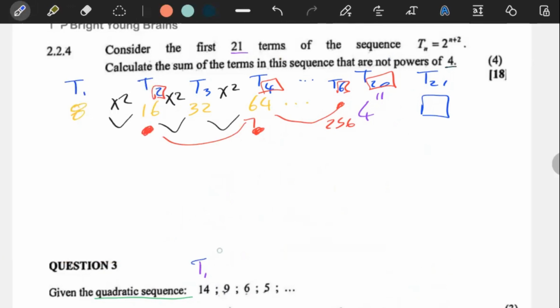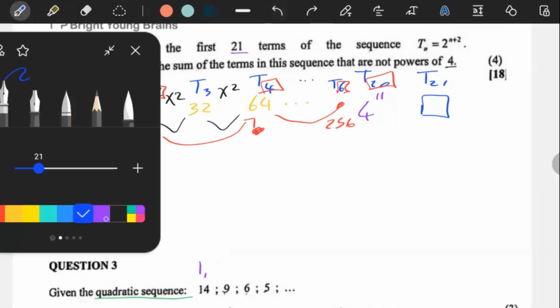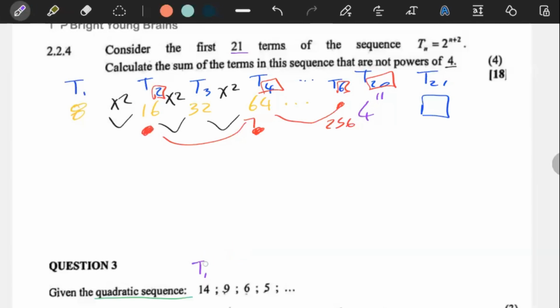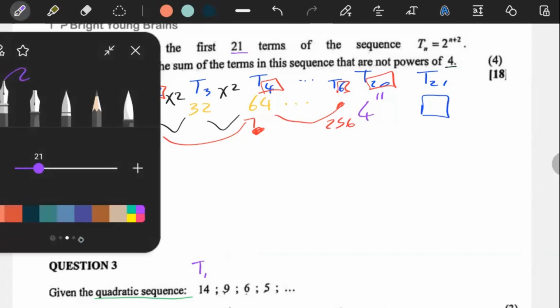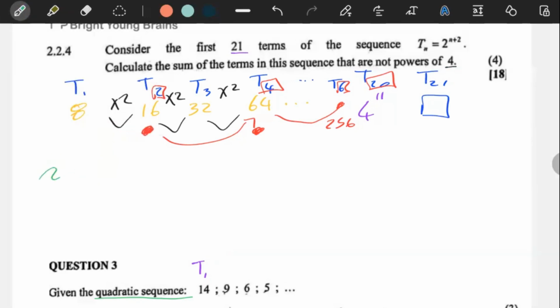So with all this being said, if you're going to work out the sum of the terms in the sequence that are not powers of 4, it means that you have to be thinking of a sequence that has these terms here. So you're going to think of a sequence that has 8, 32, and then it jumps, right?